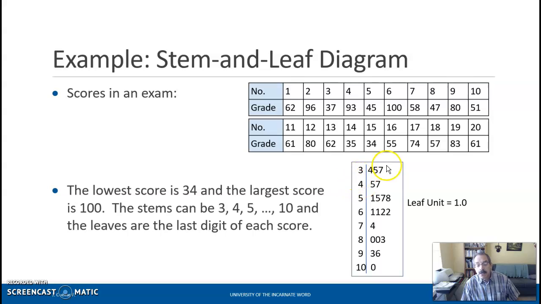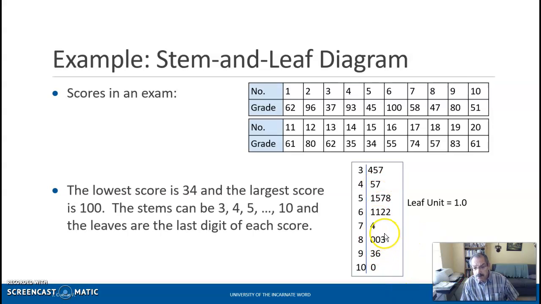Now that you have created a stem and leaf, you can see the distribution of scores in this exam. If 60 is a passing score, you can count how many: 2, 4, 5, 8, 10, 11 scores were passing scores, and then you have 4, 6, 9 scores in the failing category.